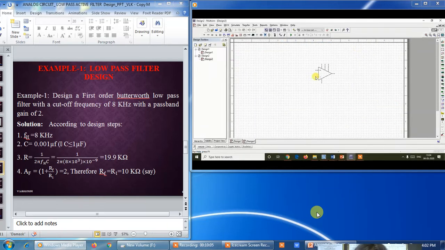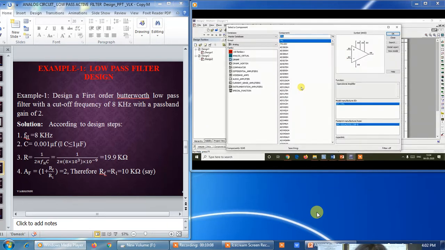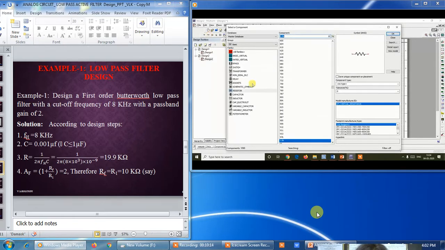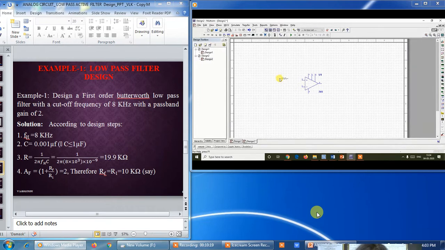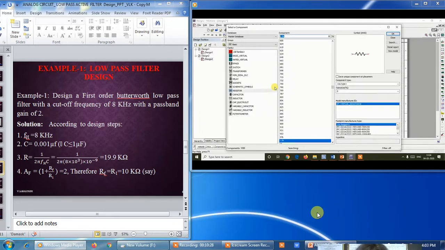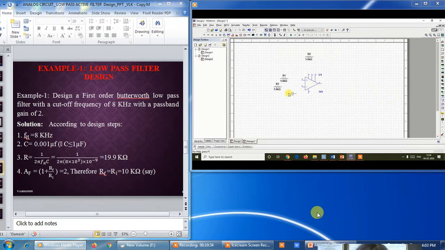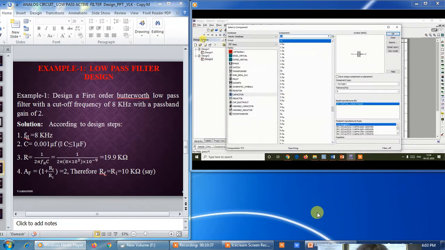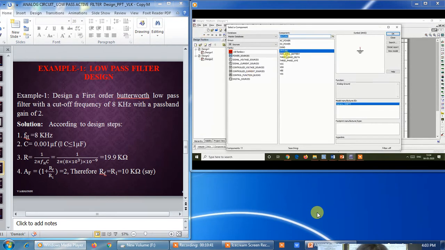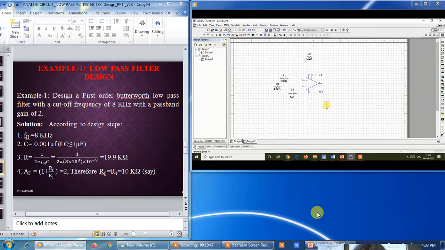So here choose the op-amp 741 IC and drag it, and then choose the resistor, select it and drag it, and then select another resistance and drag it, the third resistance, and then here this is the capacitor, again drag it into the workspace and then select the ground terminal and plus VCC and minus VEE also.